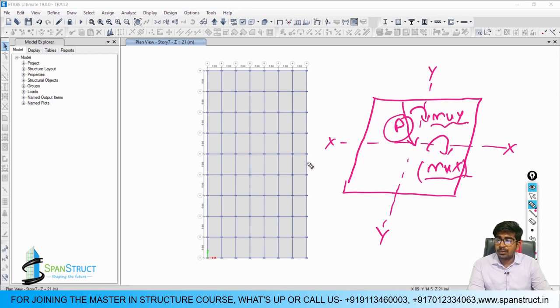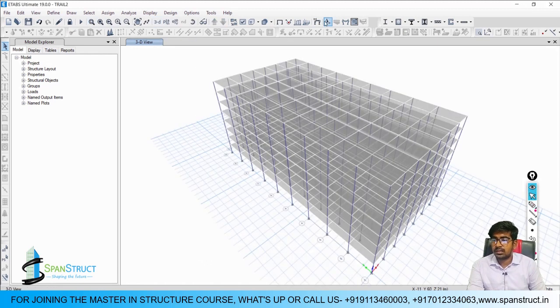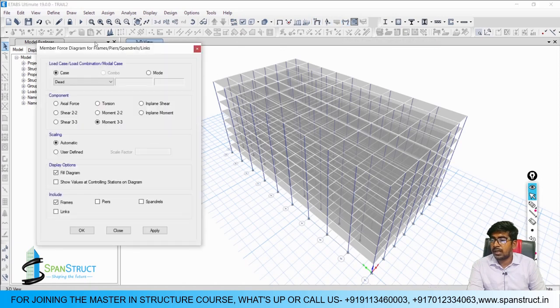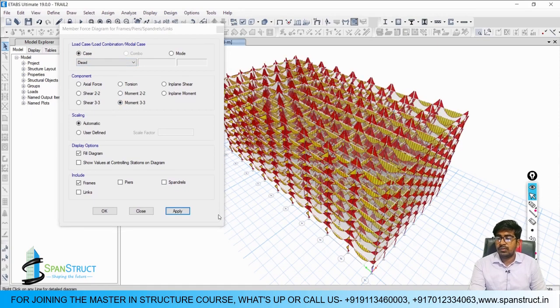Now we want to look at the same thing in the software. Suppose these are the corner columns we have, and we will check whether these corner columns have these interactions or not. For that, I will go into the 3D view, and in the dead load case, I will go to display as a force diagram and click on Moment 3.